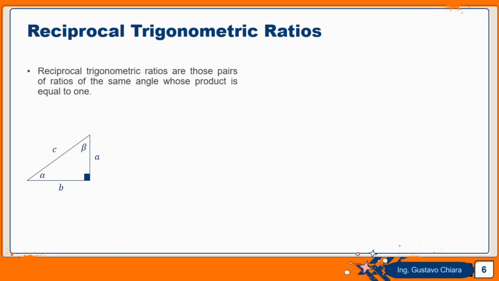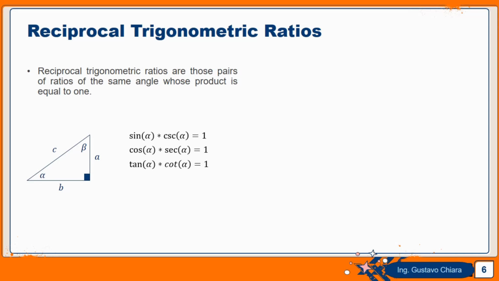Reciprocal trigonometric ratios are those pairs of ratios of the same angle whose product is equal to 1. In the picture we can see the triangle with these sides and these angles, and the product of the sine function and the cosecant function is equal to 1.